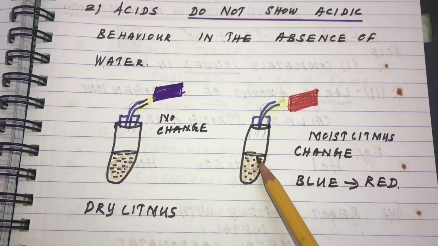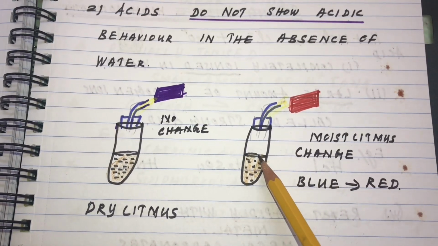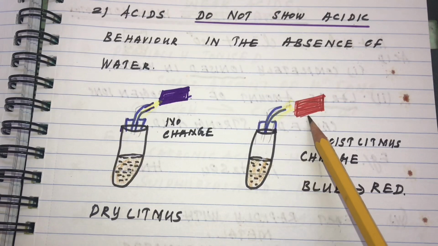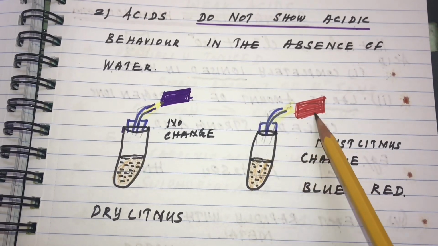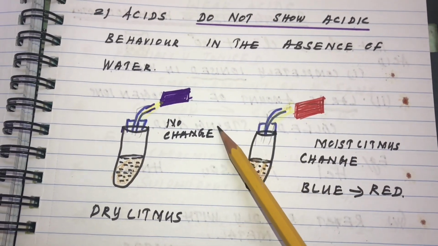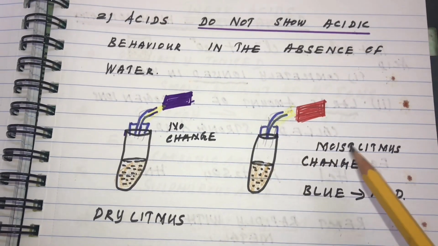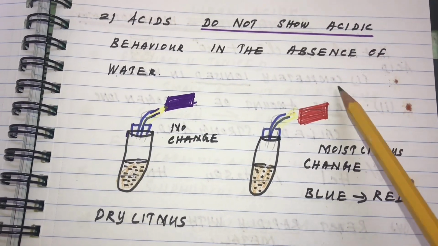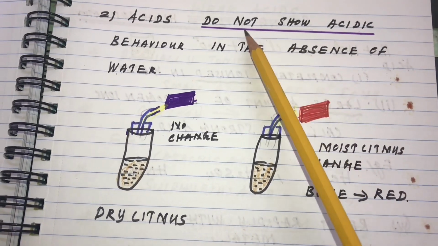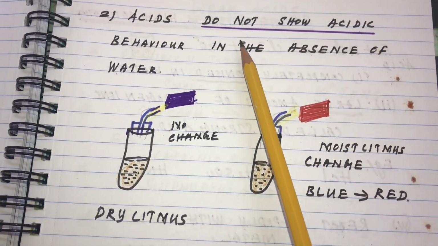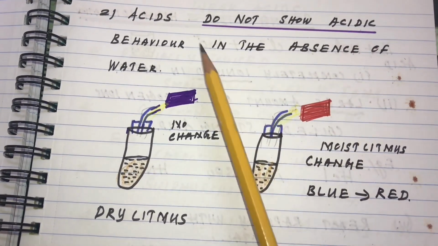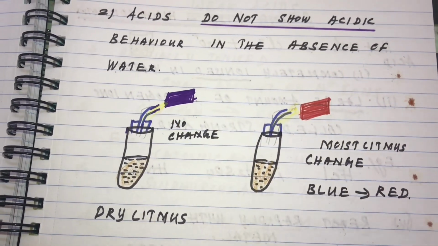So in the presence of water the acidic behavior is high. The moist litmus changes from blue to red, which shows that acids do not show acidic behavior in the absence of water.